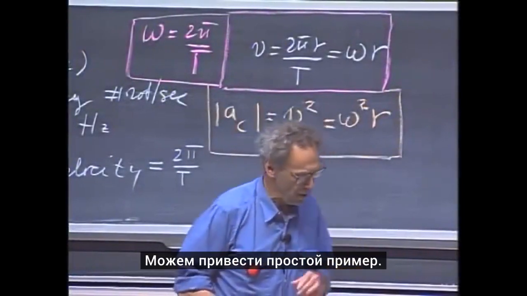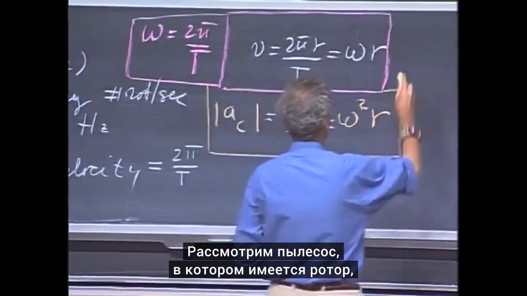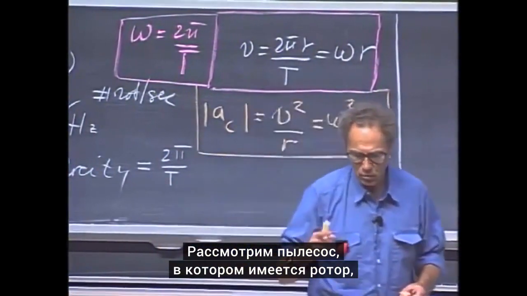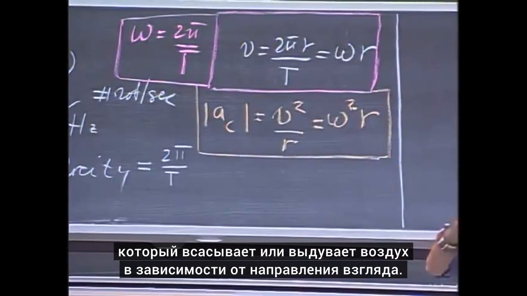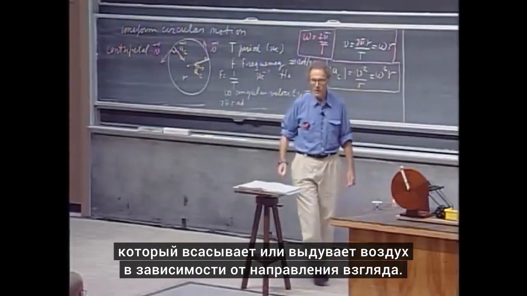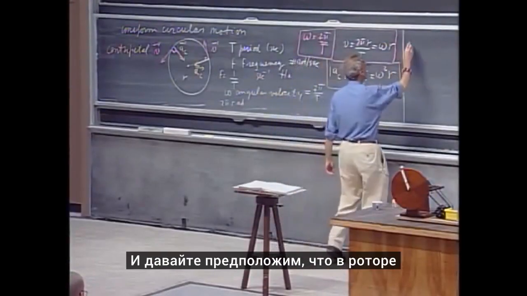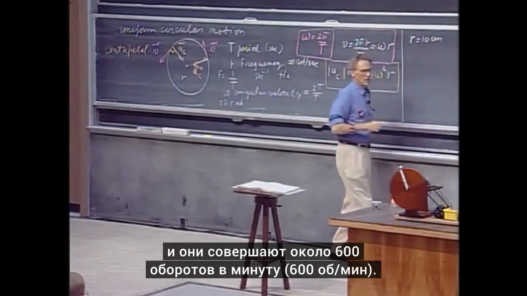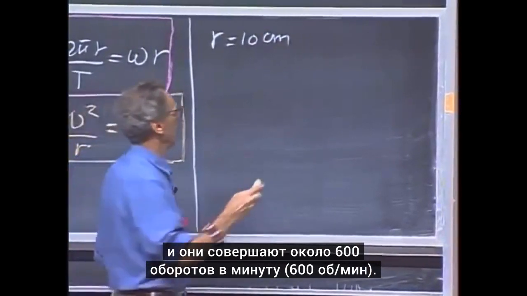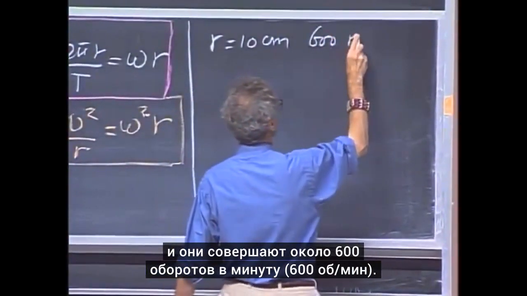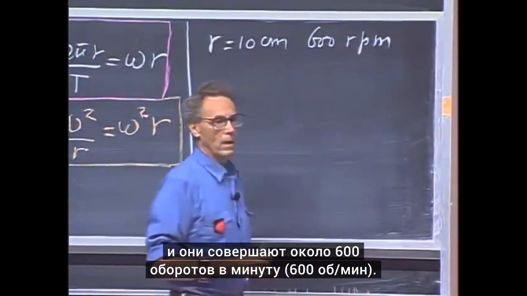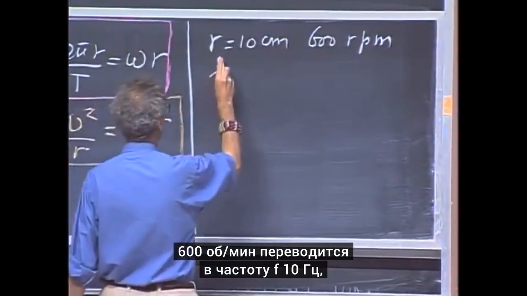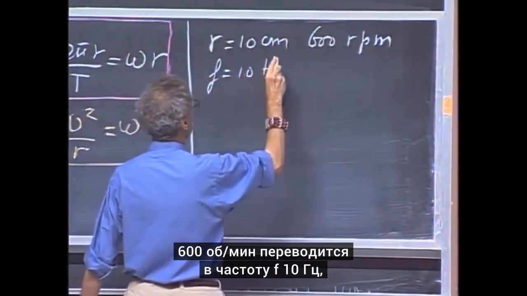We can have a simple example. Let's have a vacuum cleaner which has a rotor inside which scoops the air out or in, whichever way you look at it. And let's assume that the scoops have a radius r of about 10 centimeters, and that it goes around 600 revolutions per minute, 600 RPM. 600 RPM would translate into a frequency f of 10 hertz.